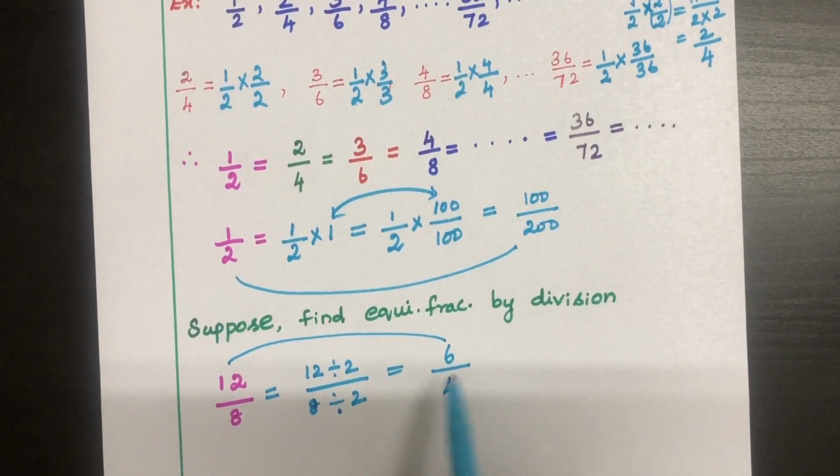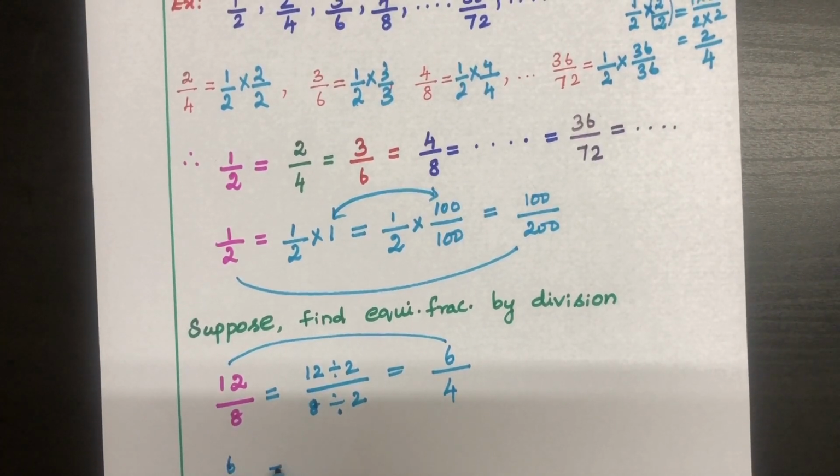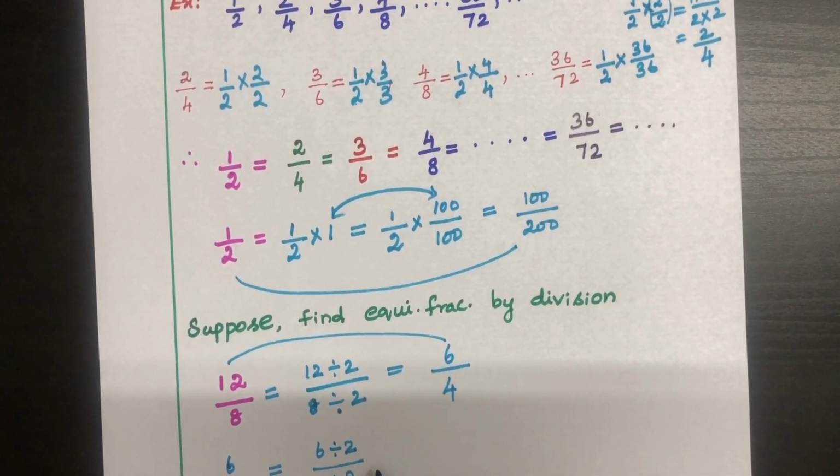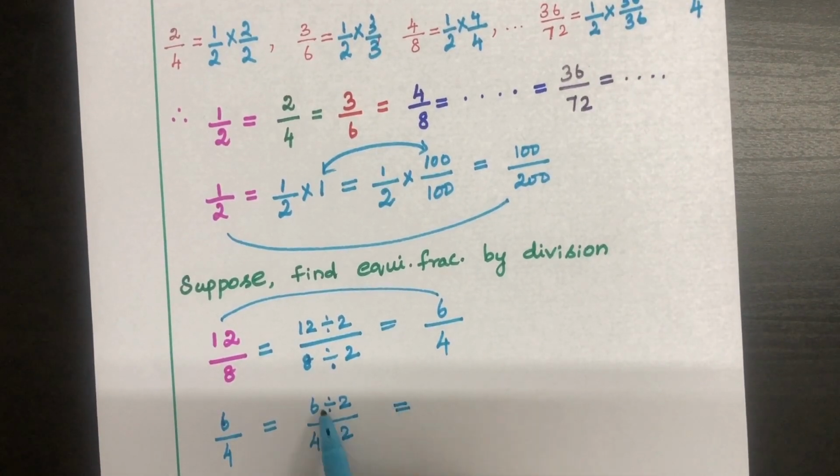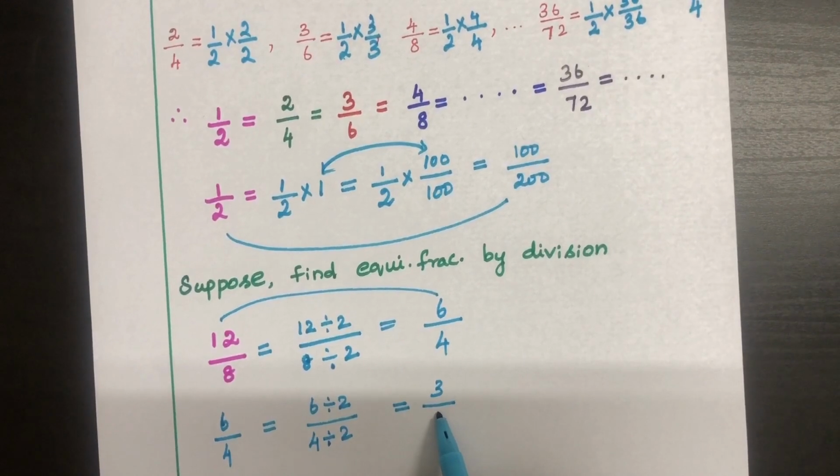You can divide this further. Suppose, see here, 6 by 4. 6 can be divided by 2. 4 can be divided by 2. In both the cases, we need to use the same number. 6 by 2 is 3. 4 by 2 is 2.